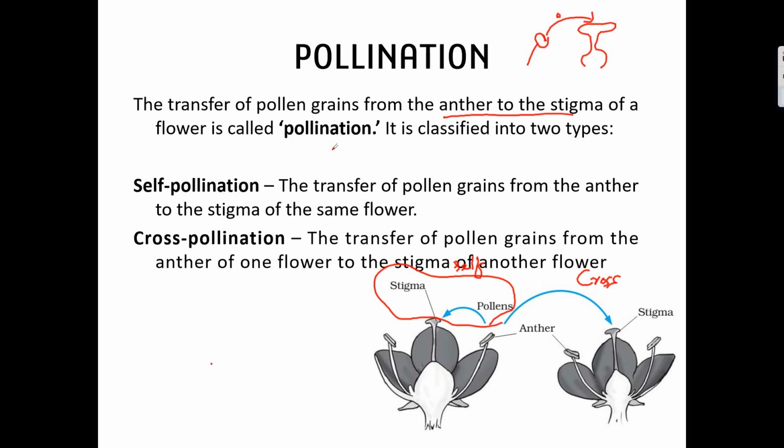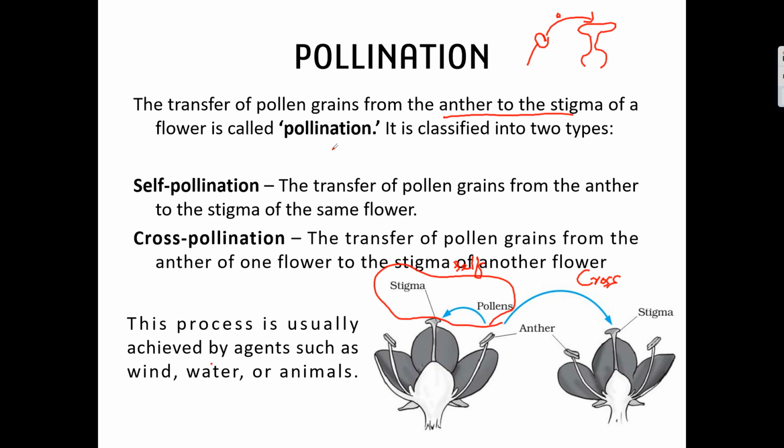Usually cross-pollination happens because of wind, water, birds and animals. These are called agents of cross-pollination.